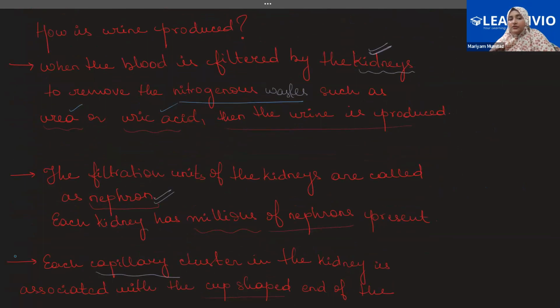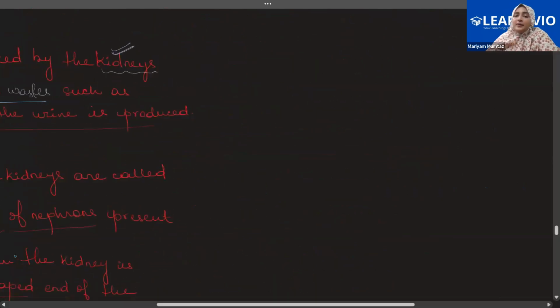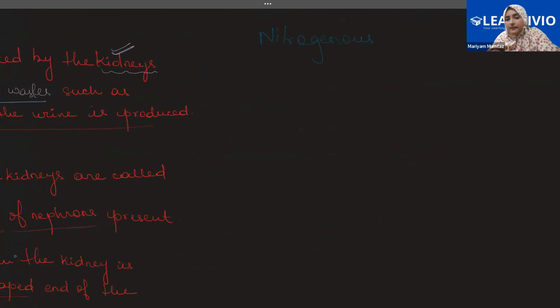Now see, what are nitrogenous wastes? There are multiple types of nitrogenous waste. First, there is ammonia. It is the most toxic nitrogenous waste.